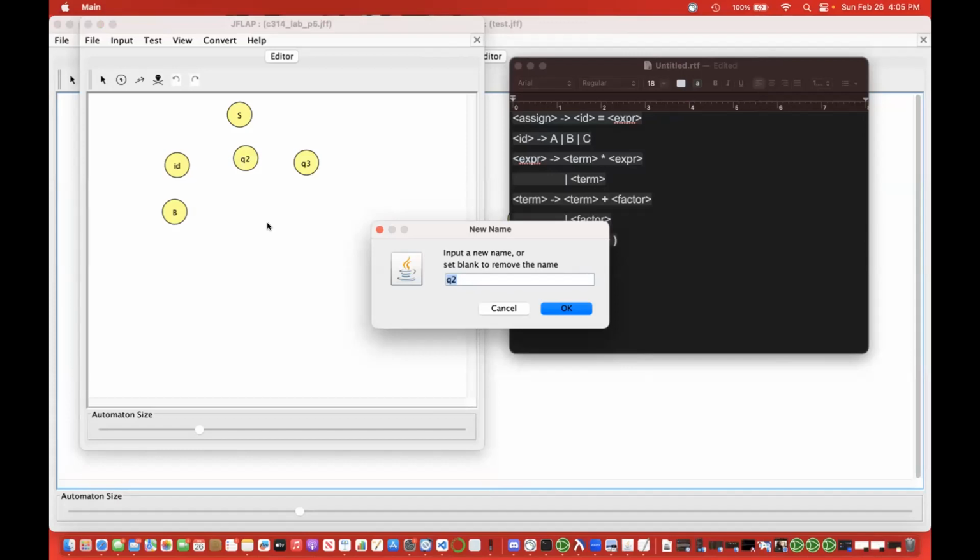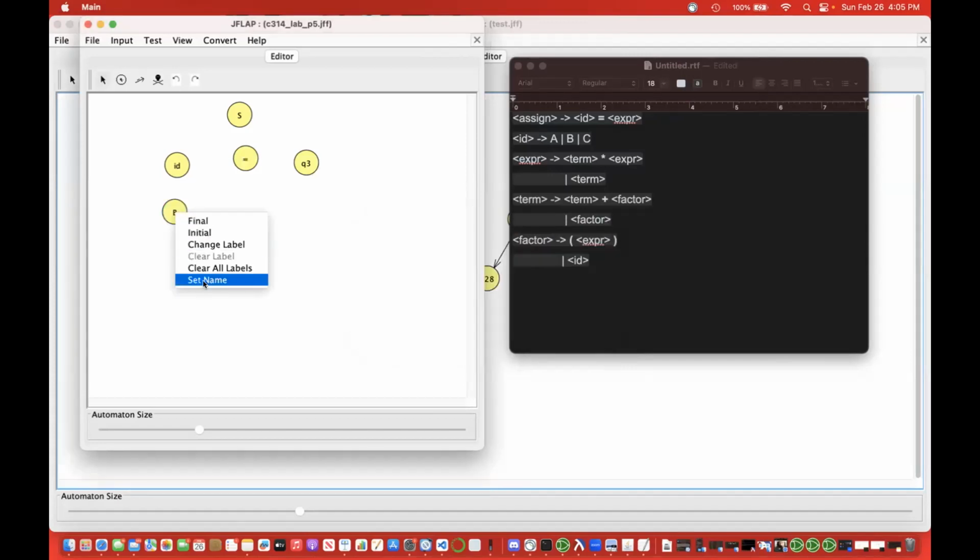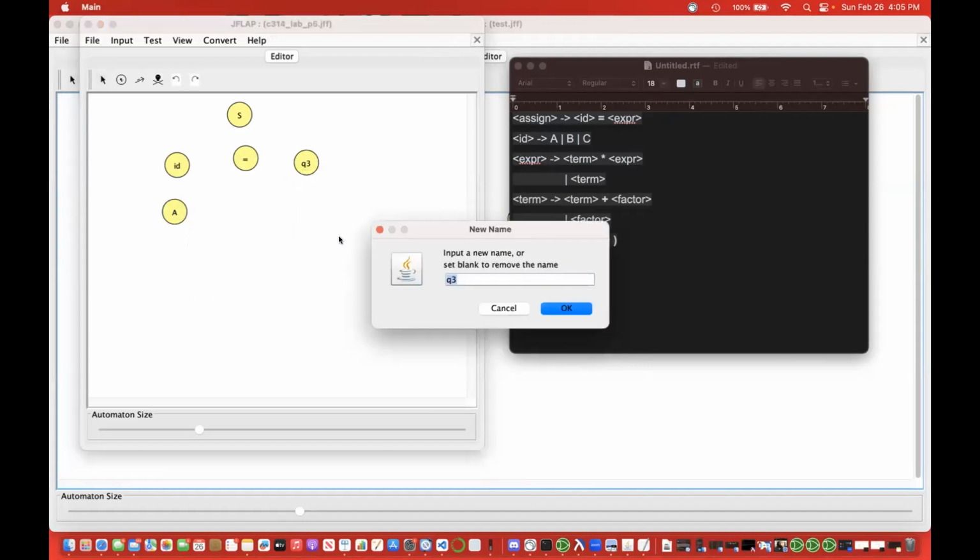Oh wait, never mind. That's our A. So if it takes precedence, then times is at the top, right? It goes times and then plus?